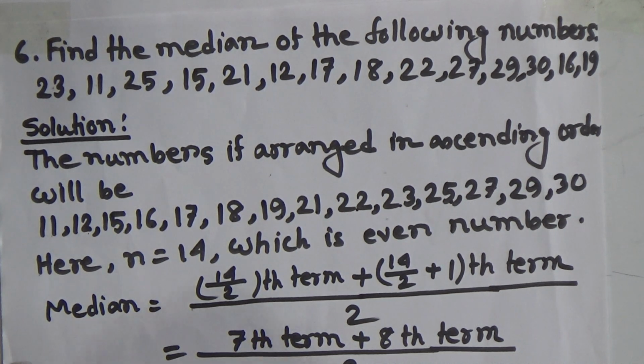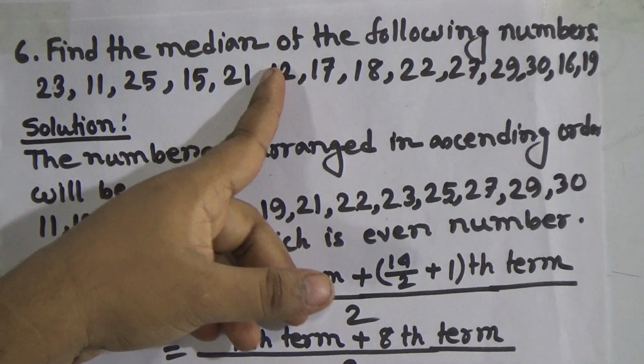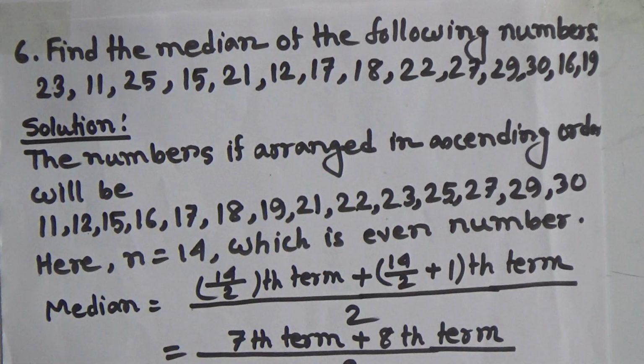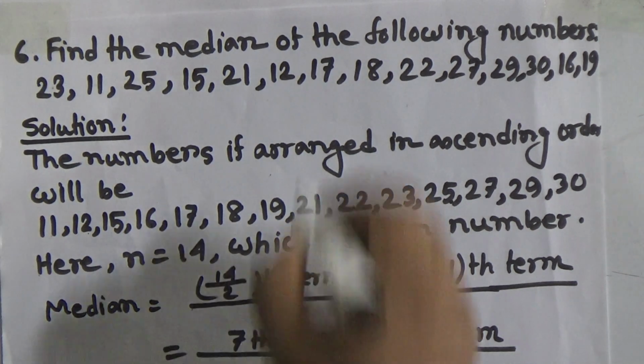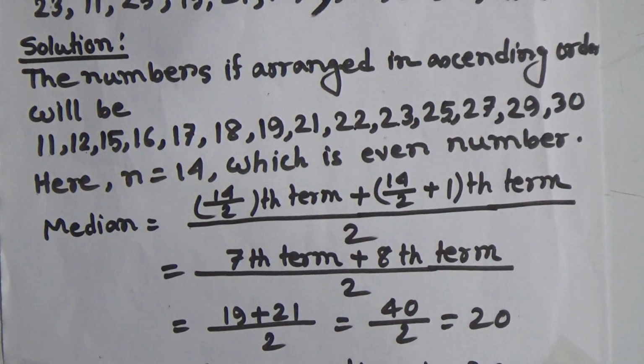Okay. So here if we divide 14 by 2, then we get the 7th term. If we divide 14 by 2 plus 1, then we get the 8th term. Here the 7th term: 1, 2, 3, 4, 5, 6, 7. Sorry, 19. The 7th term is 19.